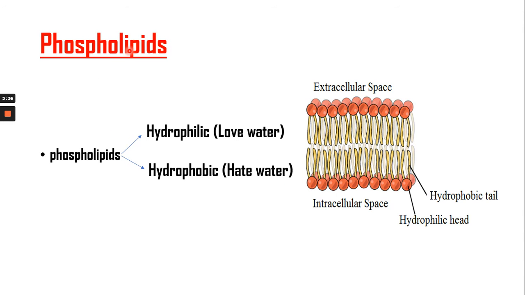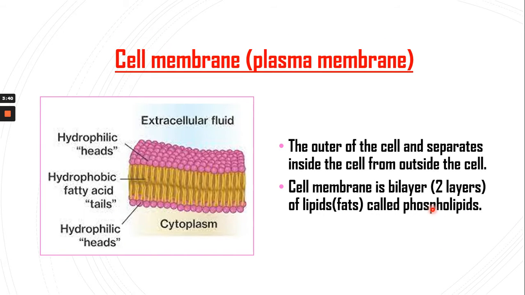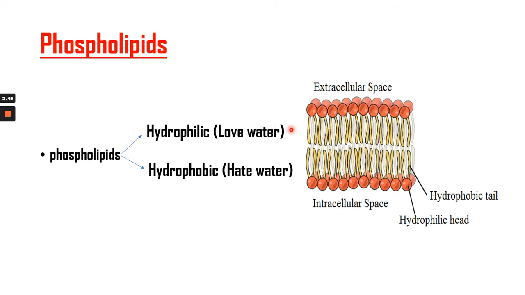Okay, so phospholipids again. What is the meaning of phospholipids? The bilayer of the cell membrane. The cell membrane consists of 2 layers. One layer is called hydrophilic, and the second is called hydrophobic.